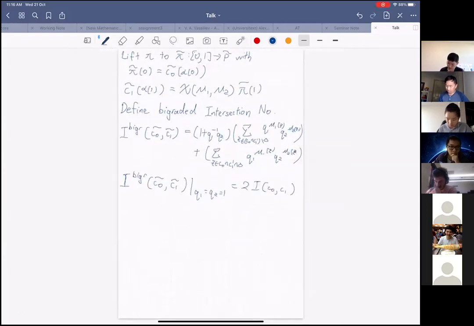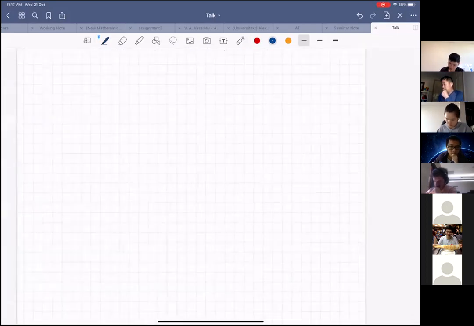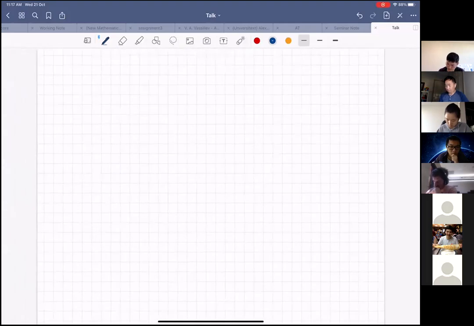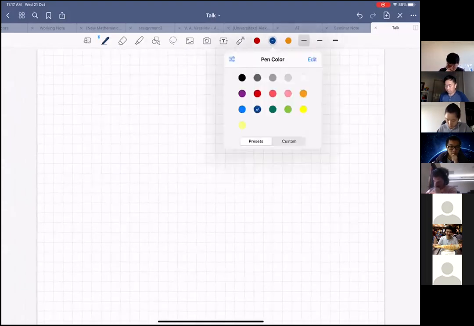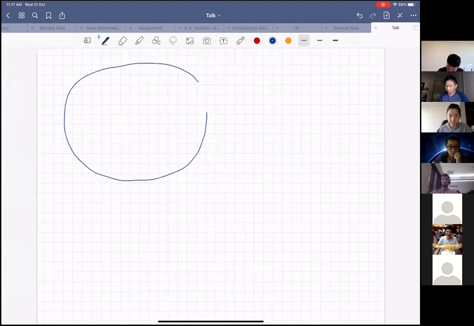Okay. So how are we going to use this local index to compute the intersection number? For example, we start with this. First, I need to tell you how to lift the whole thing into P tilde, the Z cross Z covering.